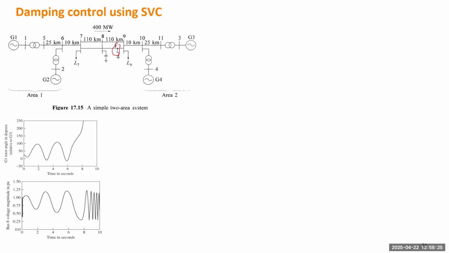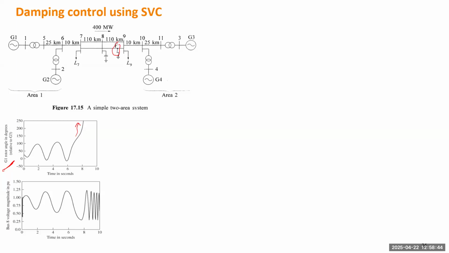Based on the data of the rotor angle of the first generator, you see it has two swings, then the system becomes unstable. This generator just goes out of step.